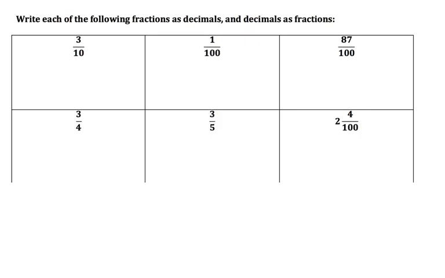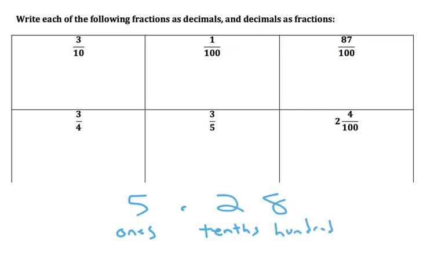Alright, so some of you are at this point totally masters of taking fractions and writing them as decimals, but others are still confused, and that's okay, but definitely try and understand it here. So remember that in terms of place value, we have a number that's in the ones place, then we have our decimal point, then we have tenths, and then we have hundredths.